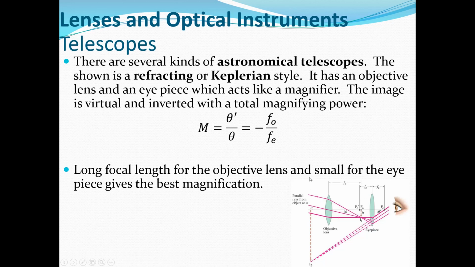So the objective lens is right here, and this would be the eyepiece, and you would do that to get whatever magnification you want. It turns out that you want the objective lens to be very long, and the eyepiece to be very small, in order to get this magnification as big as possible.